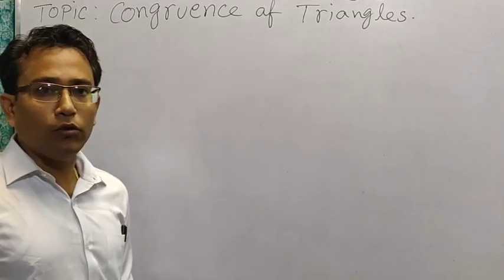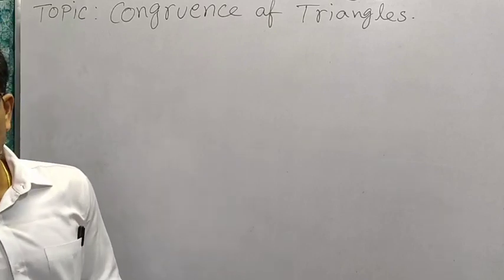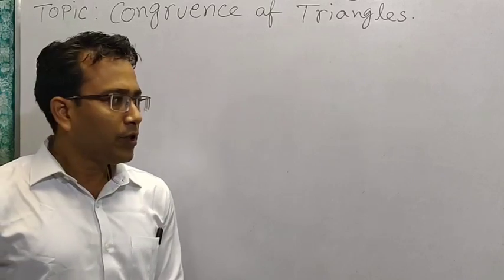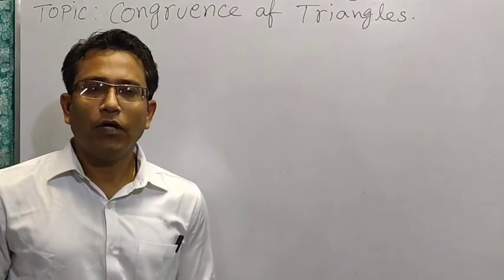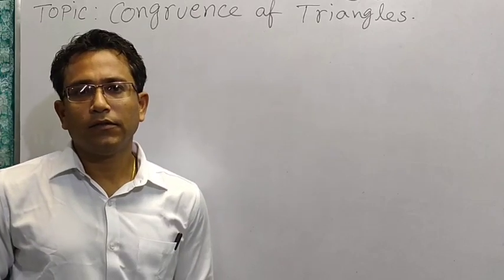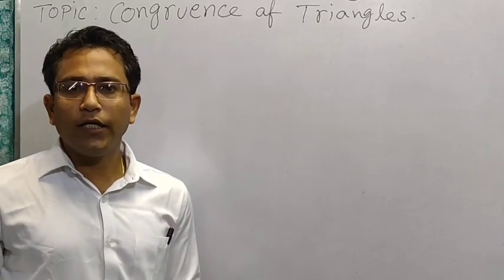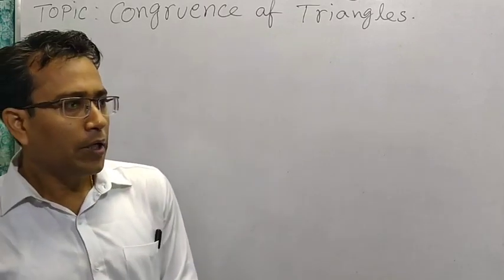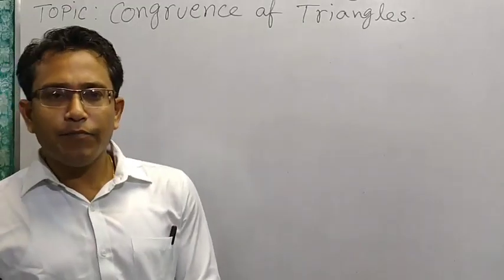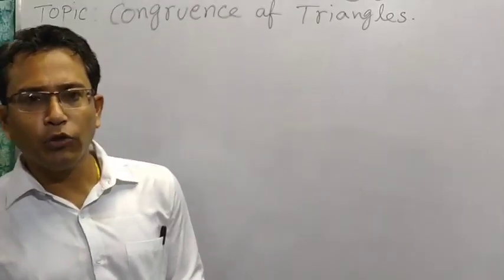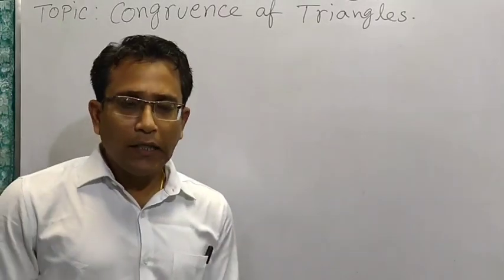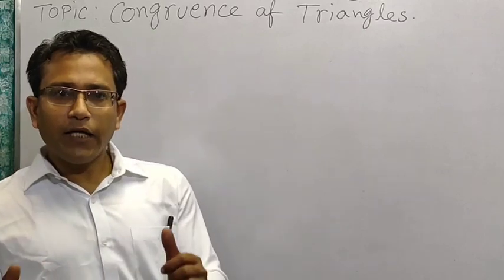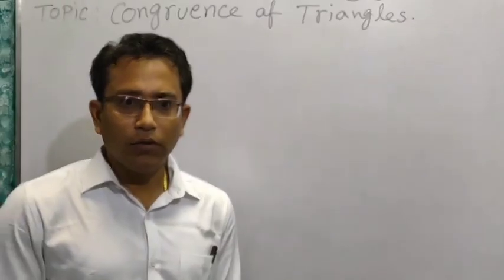Here we are going to know about the different congruence rules of triangles. First one, triangles. What are triangles? Triangles are least sided closed polygons, and one geometrical figure also. There are different types of triangles. Whenever we are going to see two triangles, we can compare both of them, whether they are equal or not.